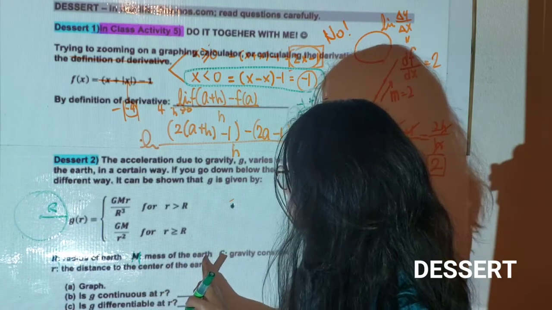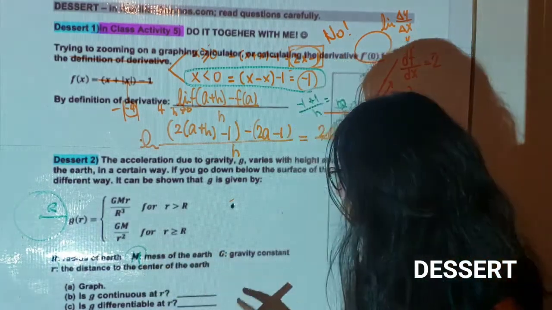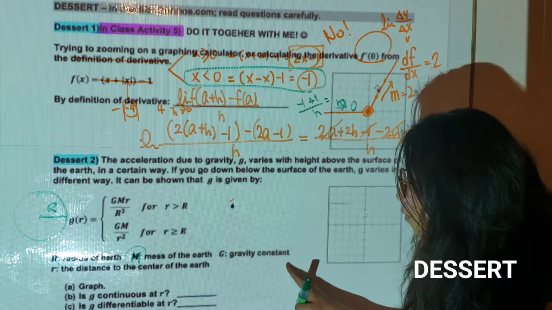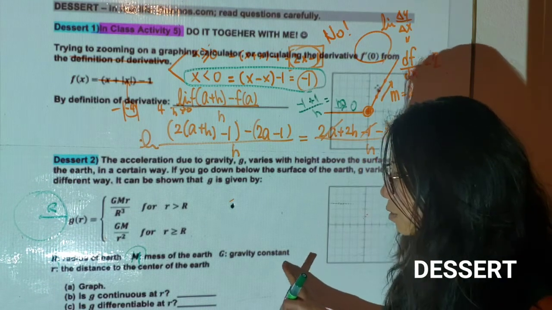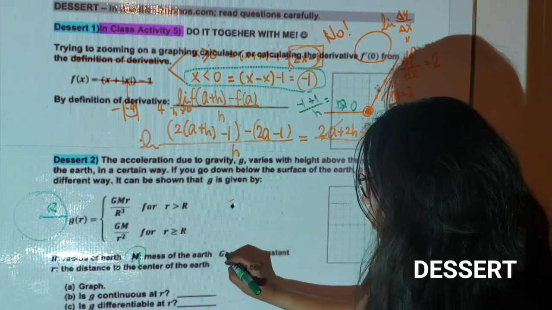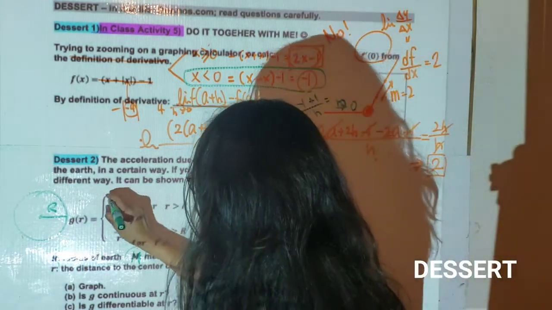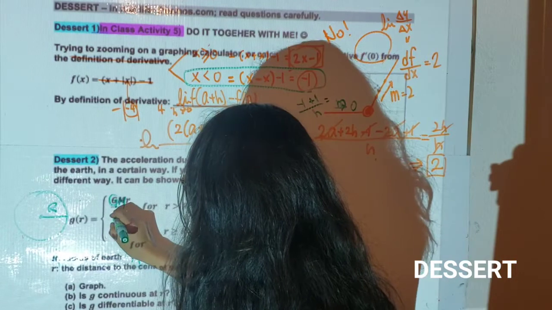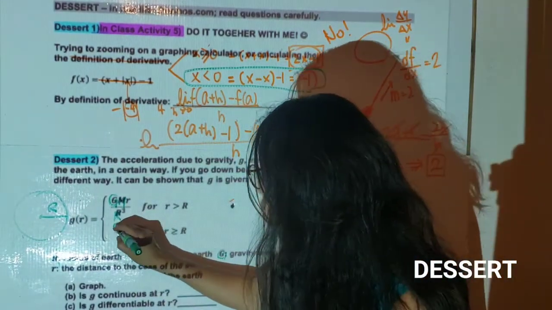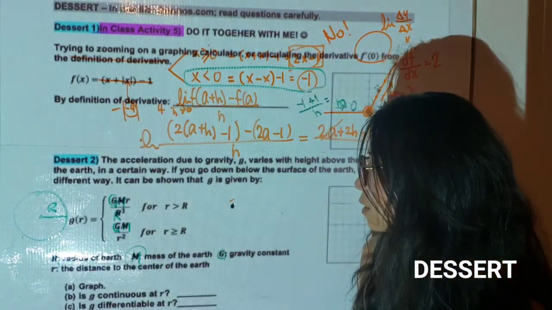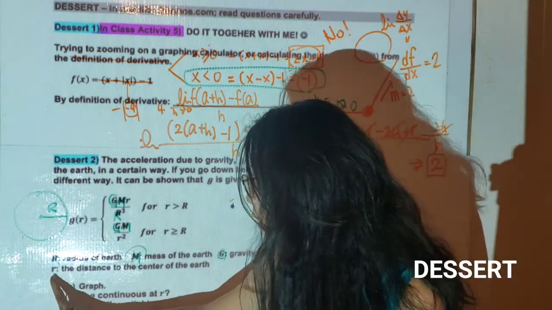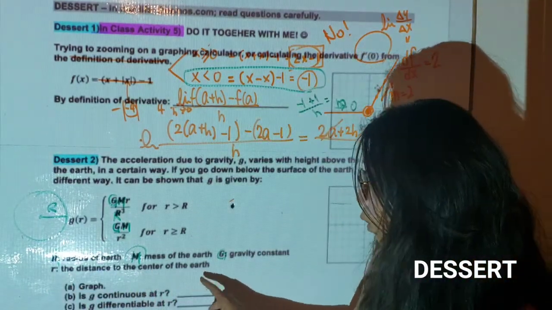And then g is the gravity constant. I think that's 9.8 something, right? Negative or positive, and that's also going to be fixed. So g, M, R are all numbers. Then small r is the distance to the center of the earth.